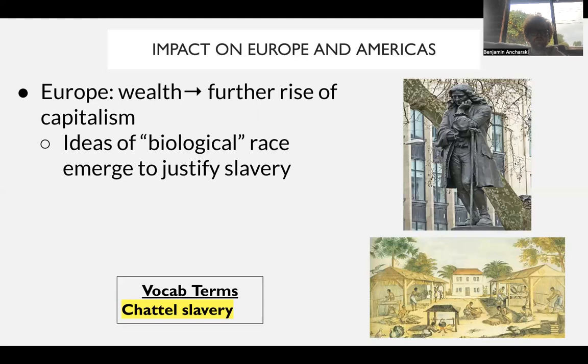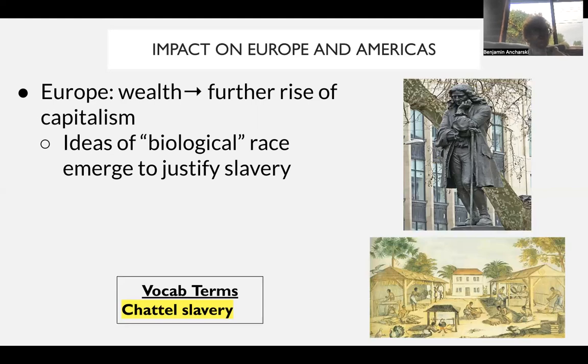And we call this new system of seeing enslaved people as chattel, or property, chattel slavery. Slaves, as we'll see later on, do not have legal rights as they did in former slave trading systems in Africa and Asia. But we also are going to see the emergence of those social categories that I described in our previous chapters.